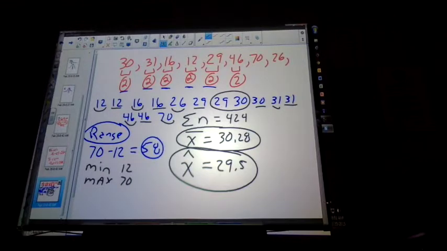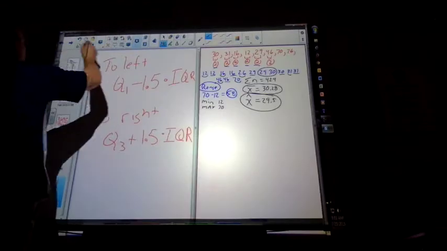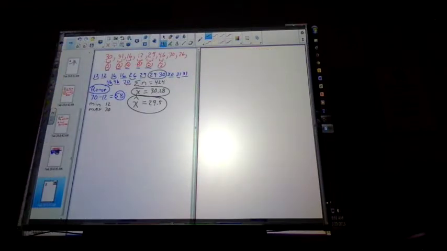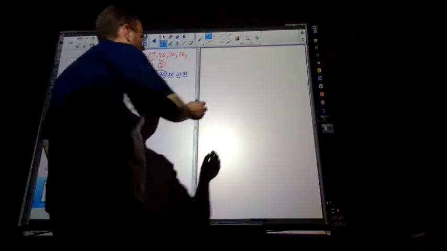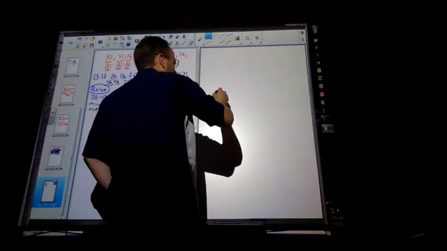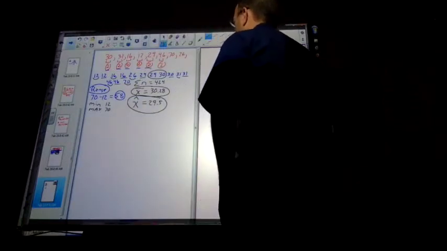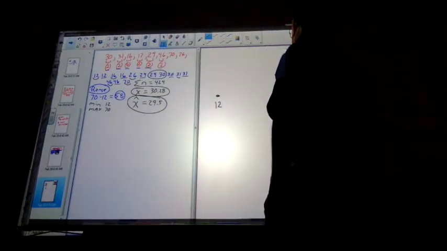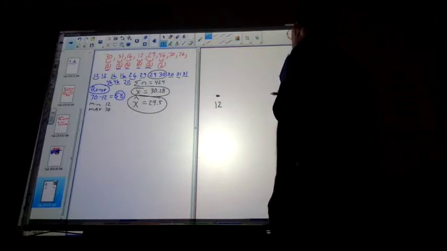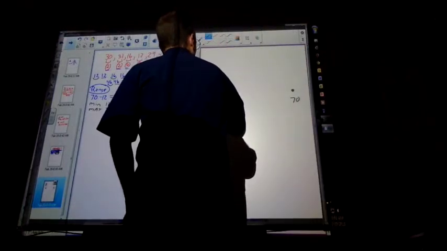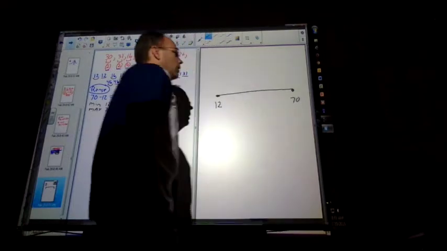Okay. Let's split the screen up. See if we can figure out a little bit more data. I'm going to plot my minimum data, that's 12. I'm going to plot my maximum data, which is 70. And I'm going to connect the dots. You with me?